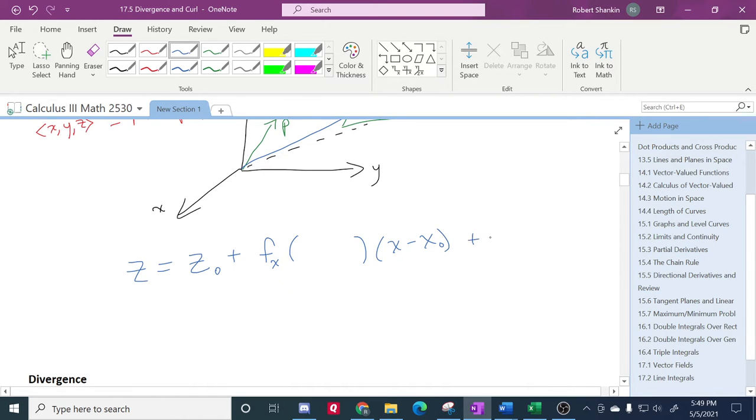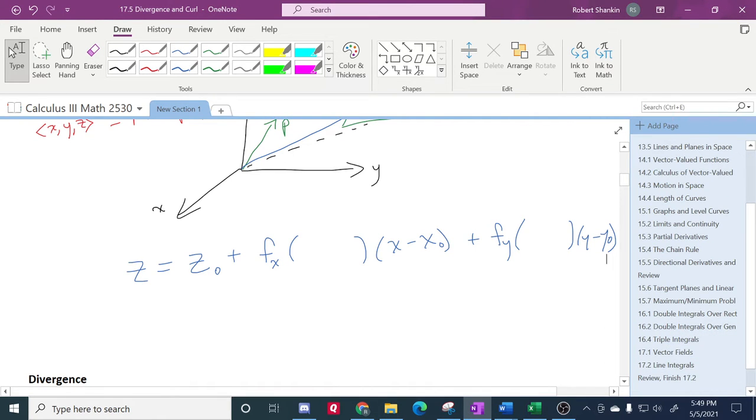And we do the same thing with fy, times y minus y0, to get the equations of these planes. Max and minimum problems, that was showing up on the last test, and I think this other stuff is kind of more recent.